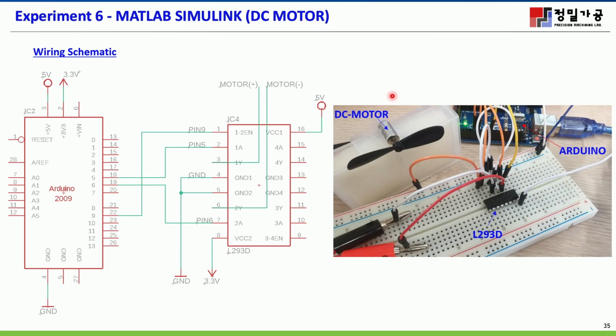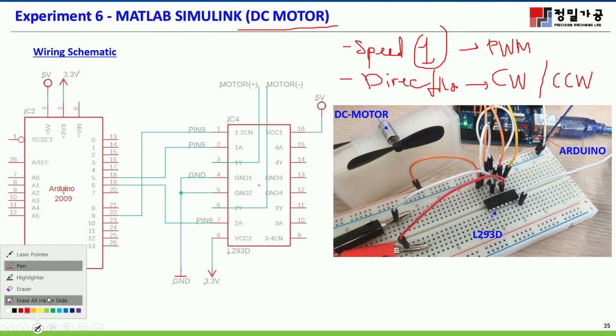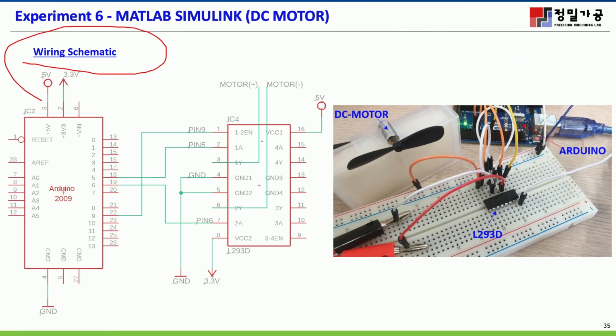For DC motor control, number 1, you control the speed using pulse width modulation, and number 2, you control just the direction, clockwise or counterclockwise. Okay, is it clear?